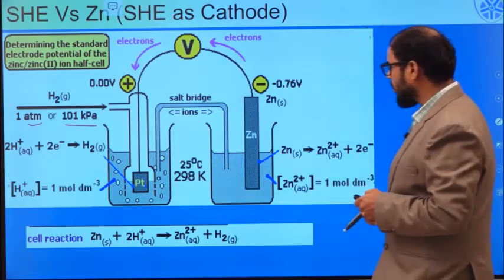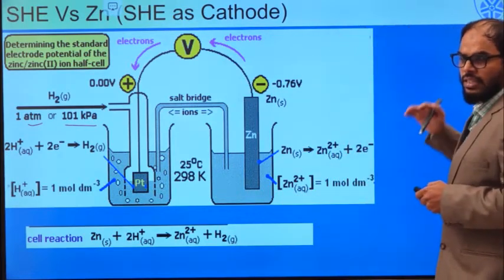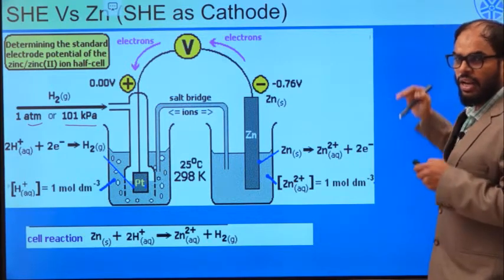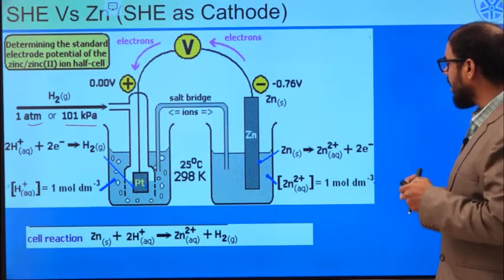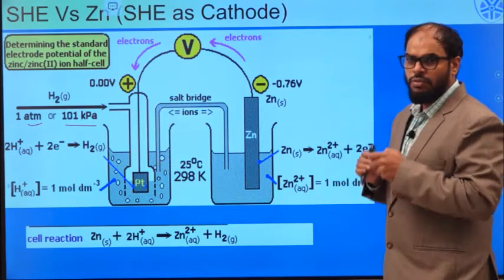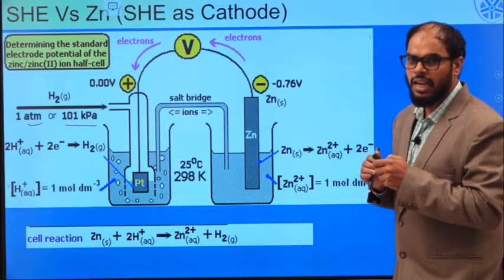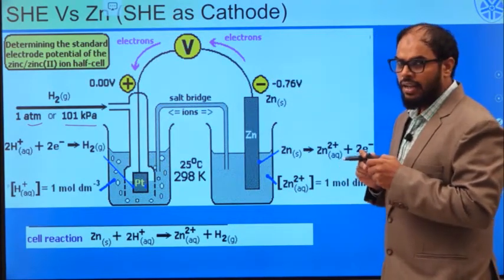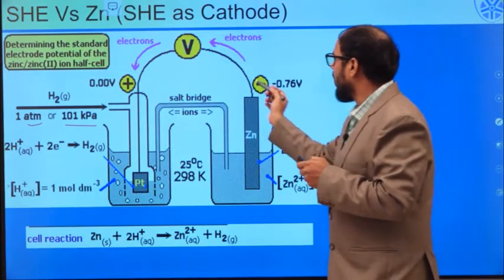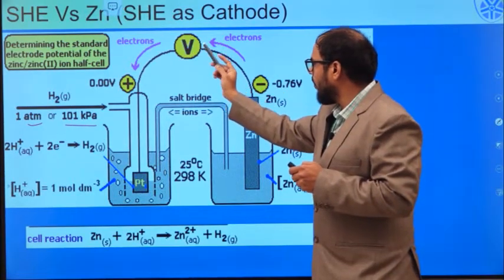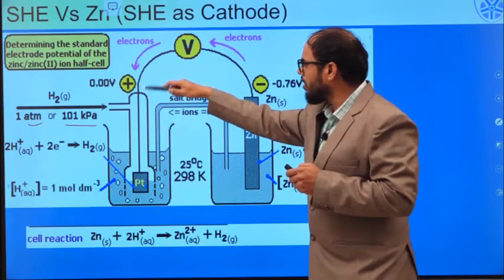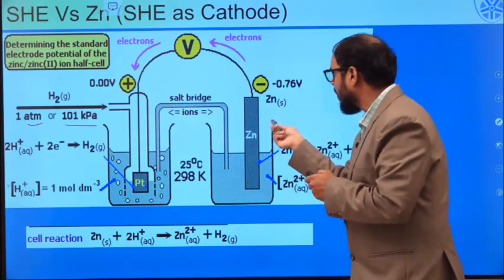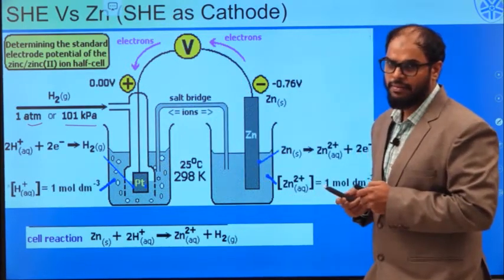As zinc is placed above hydrogen in the electrochemical series, the zinc will act as anode. In an electrochemical cell, the anode is designated with a minus sign. This anode will release electrons and the voltmeter deflection will be towards that side, showing that the electrons are moving from the anodic compartment to the cathodic compartment.